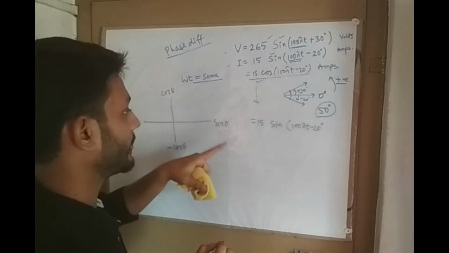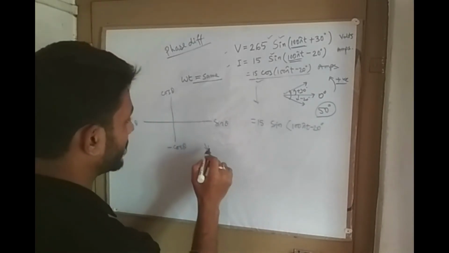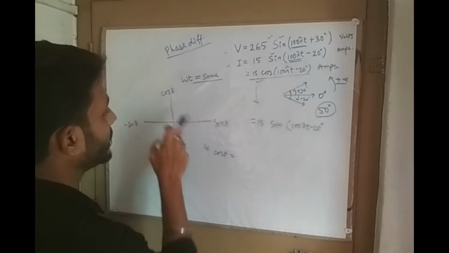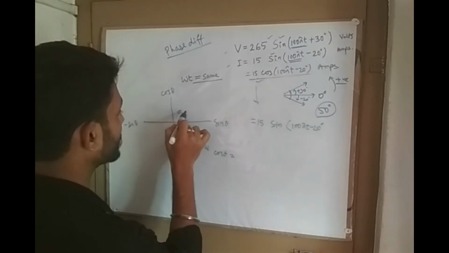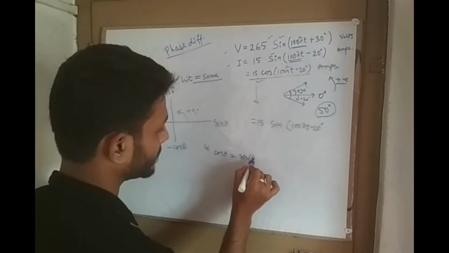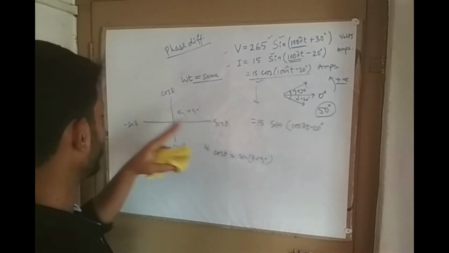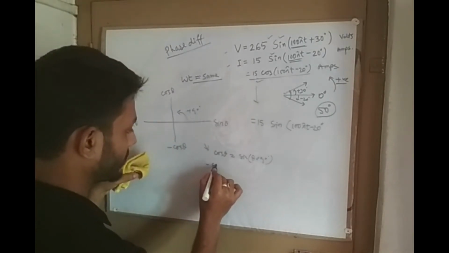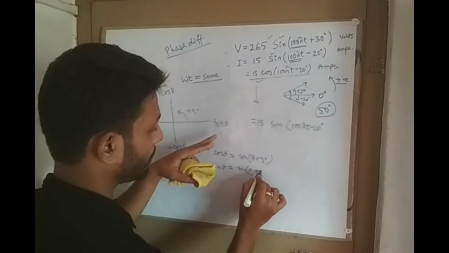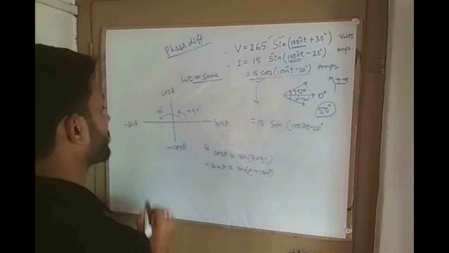Cos is here. See, look here. The cos theta. What is cos theta? Cos theta is sin theta plus 90 degree. And if we convert sin theta into minus sin theta, then minus sin theta will become sin theta plus 180 degree, a 180 degree phase difference.